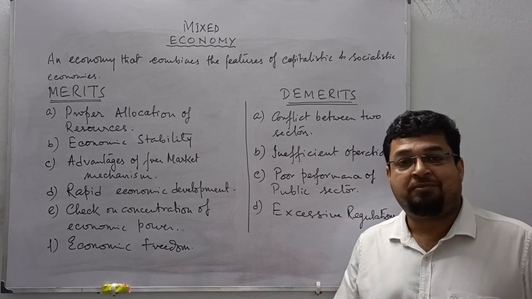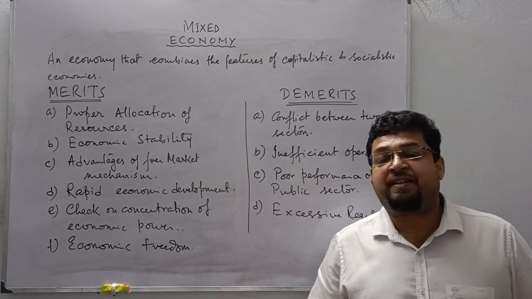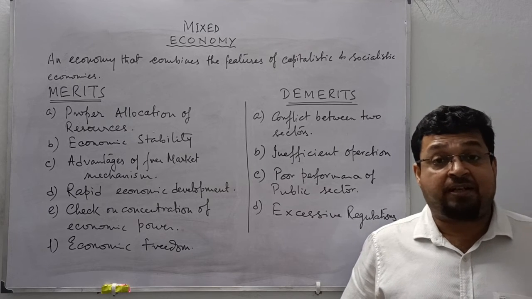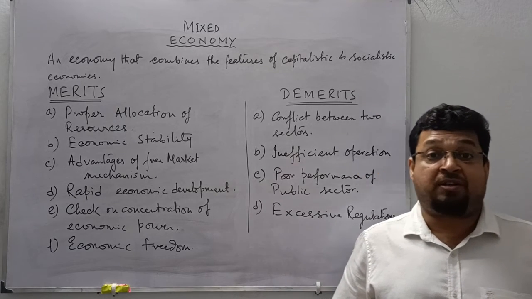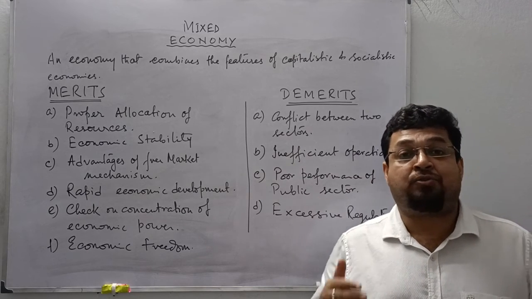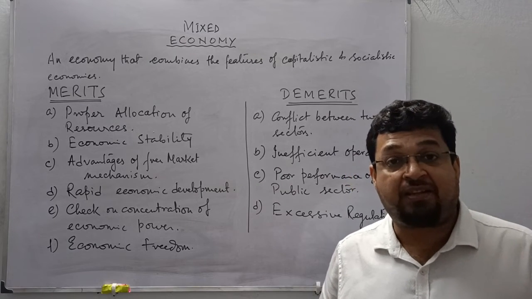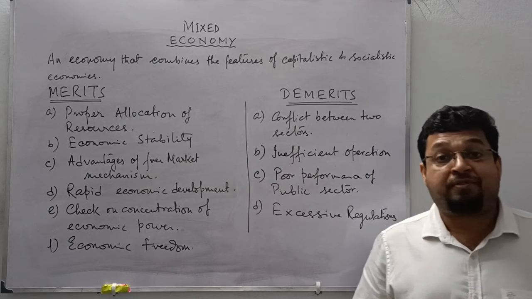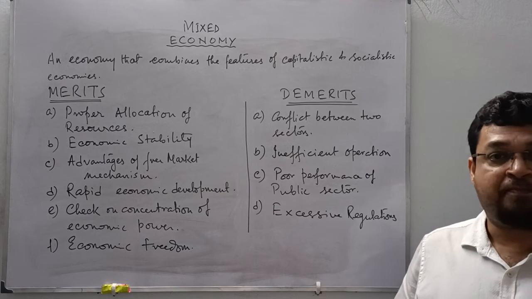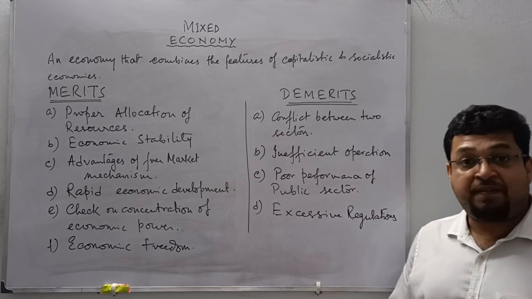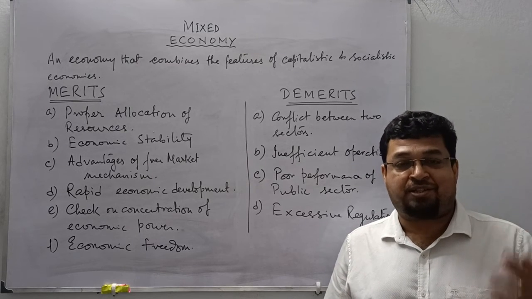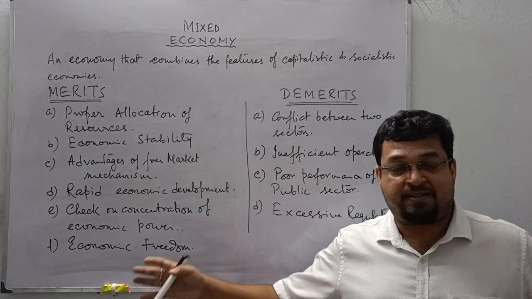Inefficient operation. Now, maybe the private sector is not given enough freedom, and there may be certain restrictions imposed which do not allow the private sector to expand production or to operate the way they want. Excessive regulations we talk about. This may at times bring some ineffectiveness or inefficiency in the operation of the private sector, when they want to flourish and operate on a large scale.